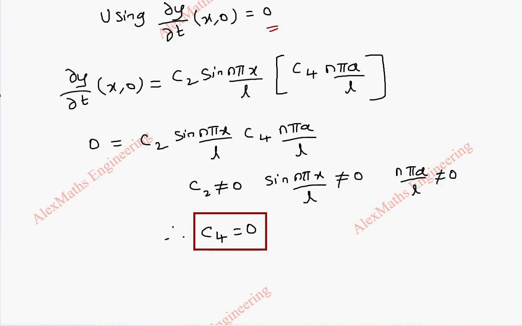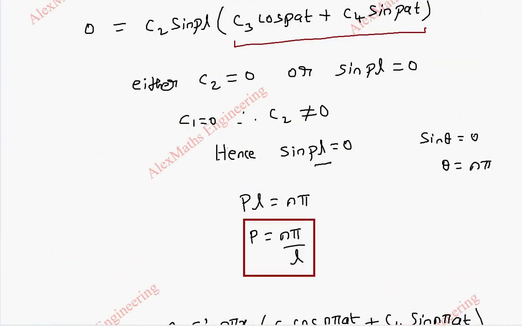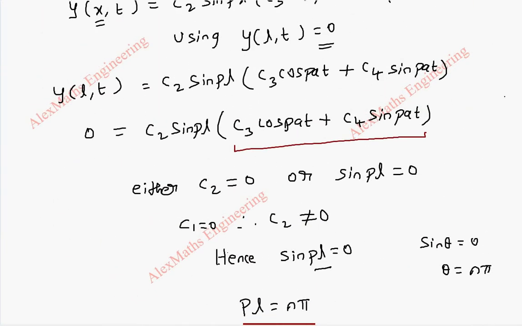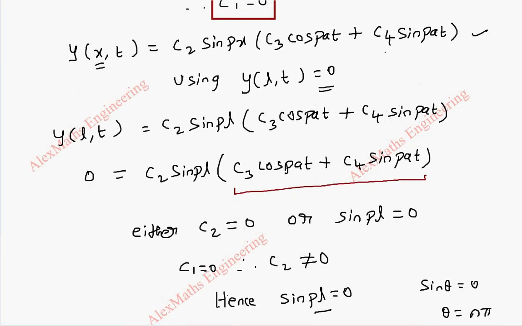So our solution y of x comma t, what is the solution we have? That is here. So this C4 is 0.